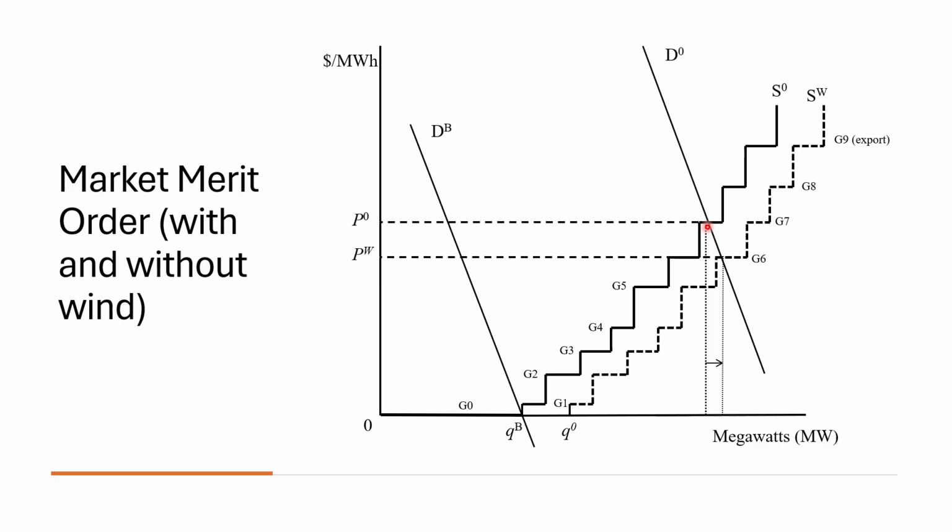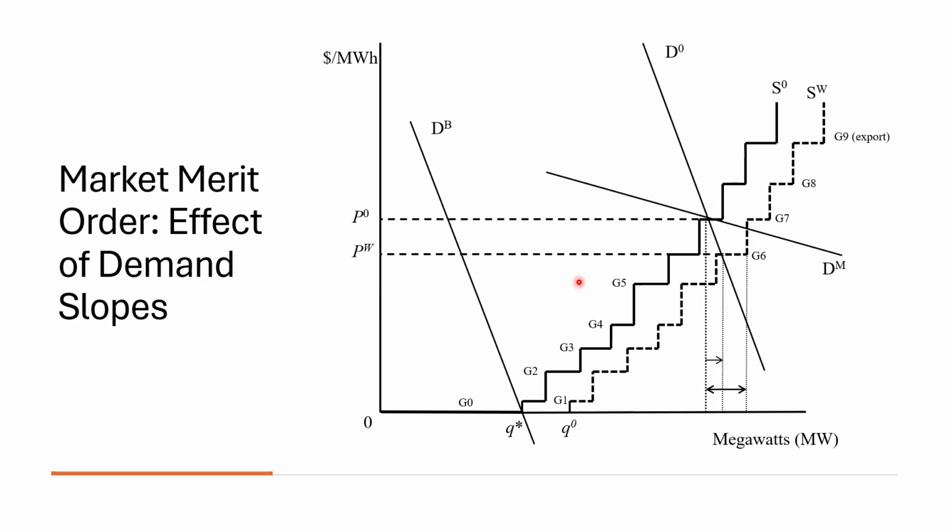If, again, the wind were to die down, then the price would actually go up to P0. So the wind does reduce the price, and it means that all of these generators here, this area here, would earn a lower amount of producer surplus. So there's a reduction in producer surplus or quasi-rent.